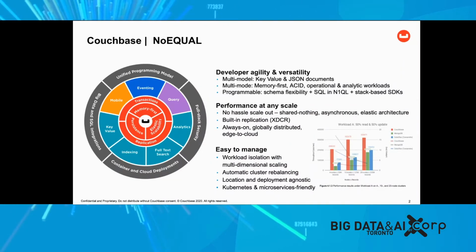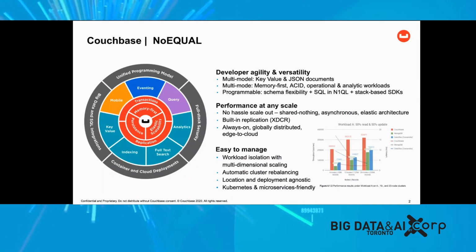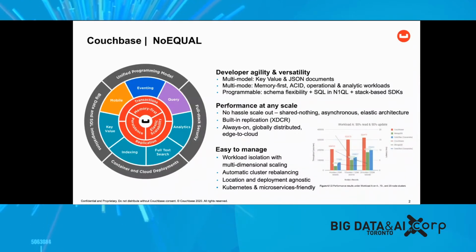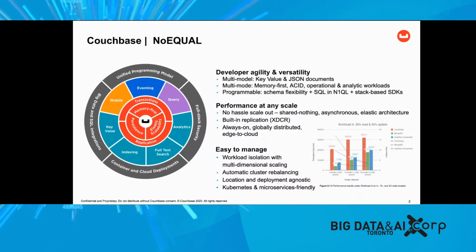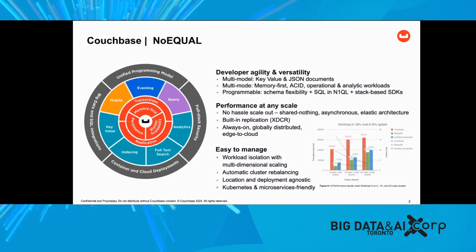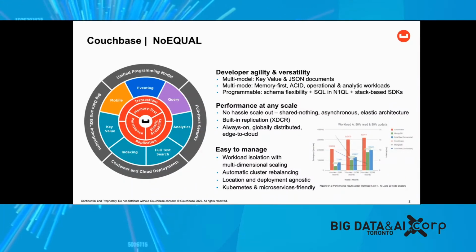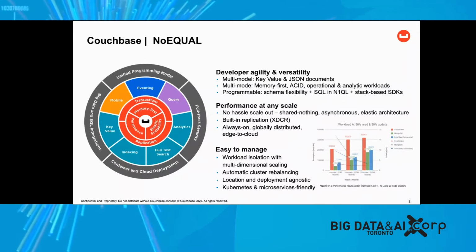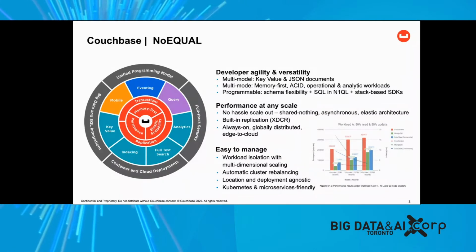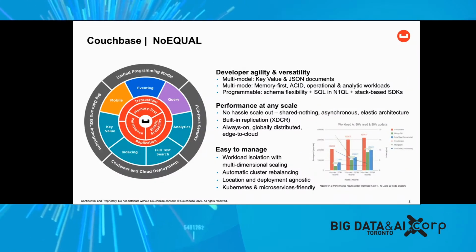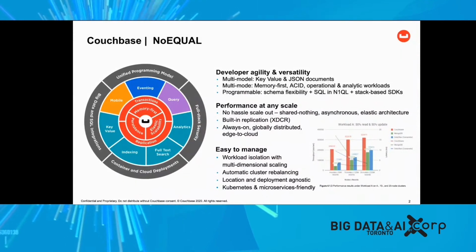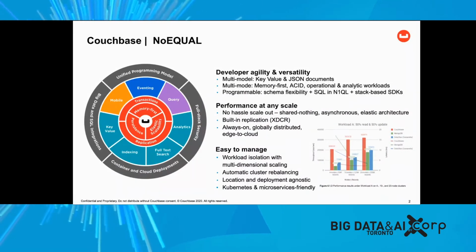As most developers like to use JSON documents, you can store JSON documents, and if you do, we enable you with so many other services and tools to interact with these documents. Again, we are a memory first database. We support ACID transactions. You can run analytics workloads because we have an analytics service that runs on our platform as well.